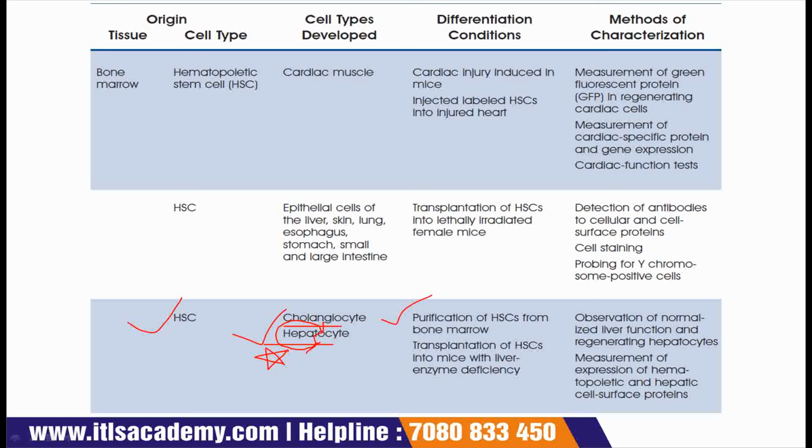Differentiation conditions will be purification of hematopoietic stem cells from bone marrow, and further transplantation of these cells into mice with liver enzyme deficiency. For the characterization, observation of normalized liver function and regenerating hepatocytes, and the next one, measurement of expression of hematopoietic and hepatic cell surface proteins.